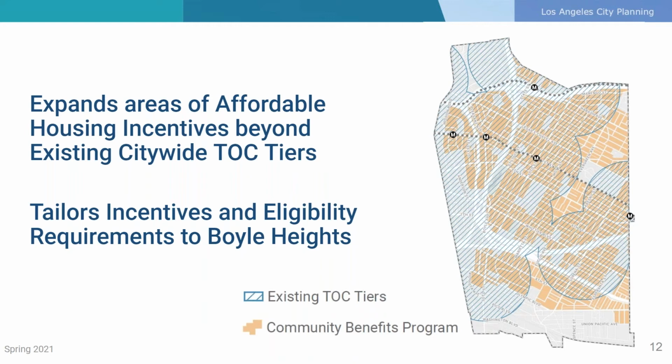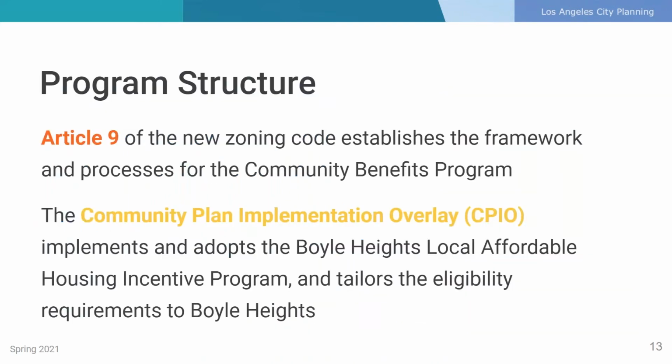The proposed program also tailors the eligibility requirements to the needs of the community, requiring a greater percentage of affordable units than today's TOC tiers that are in the plan area, and requiring larger unit sizes to accommodate multi-generational households. The Boyle Heights Community Benefits Program has two main components.